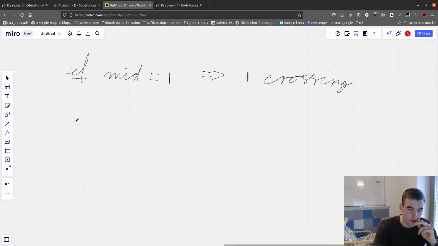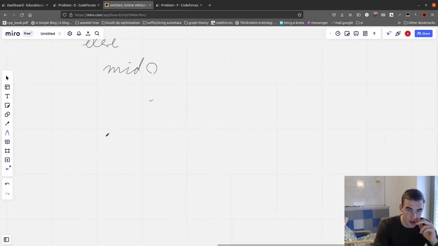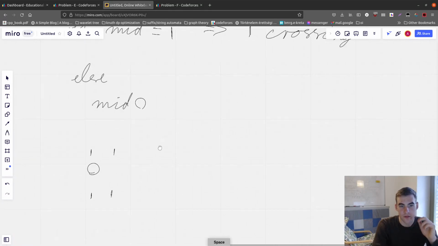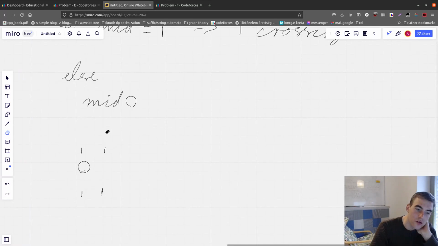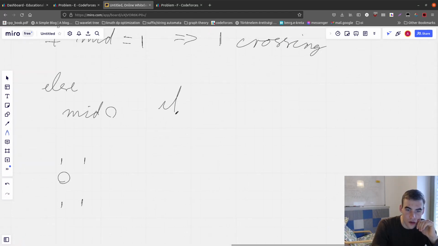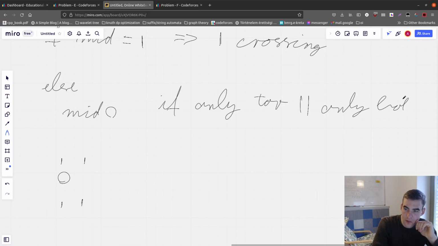Else, mid equals 0, mid is blocked, then I can have one on the top and one on the bottom. So there's either a crossing on the top, and there could be a crossing on the bottom. If only top or only bottom, then I'll add 1.